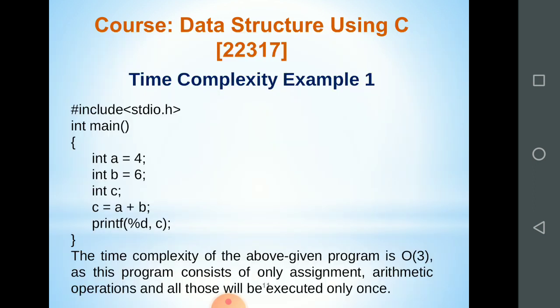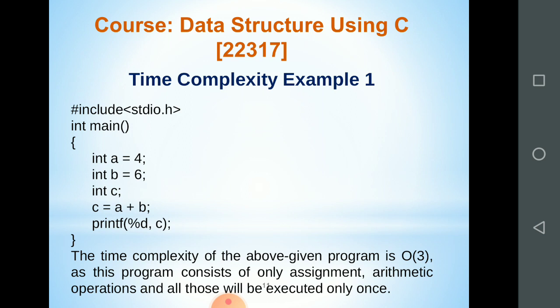So these are some examples of how to calculate the time complexity. I have taken some examples already. This is a simple program, and the time complexity of the given program is O of 3. Why O of 3?